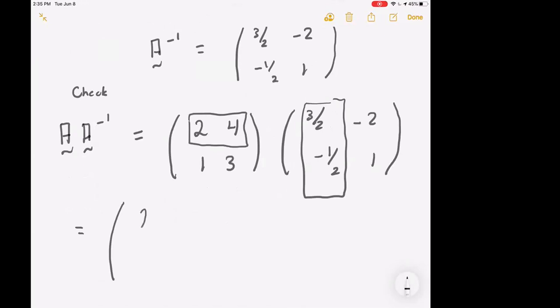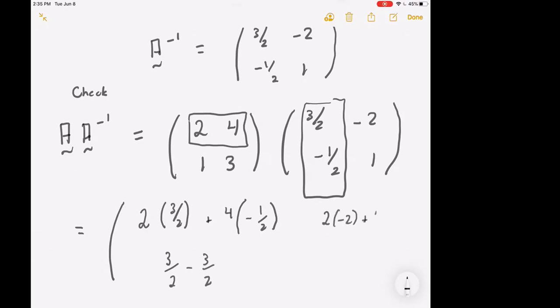So the 1, 1 matrix element of my result would be 2 times 3/2 plus 4 times minus 1/2. And the 2, 1 matrix element will be 3/2 minus 3/2. The 1, 2 matrix element will be 2 times minus 2 plus 4.